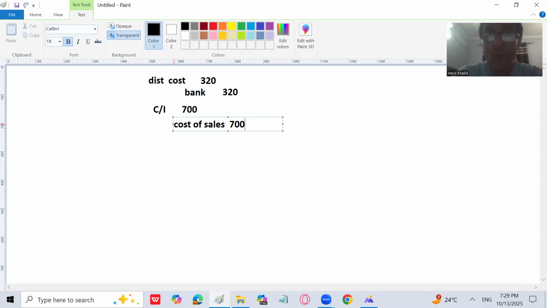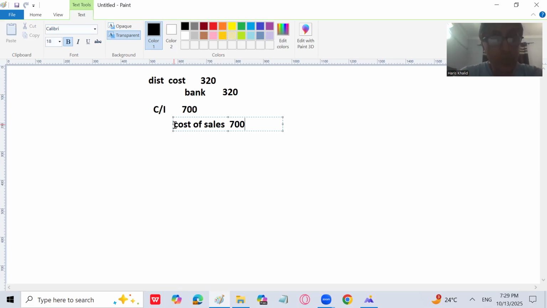We have subtracted 12,200 rather than 12,900, so less amount has been subtracted, and I have to subtract 700 more from cost of sales.